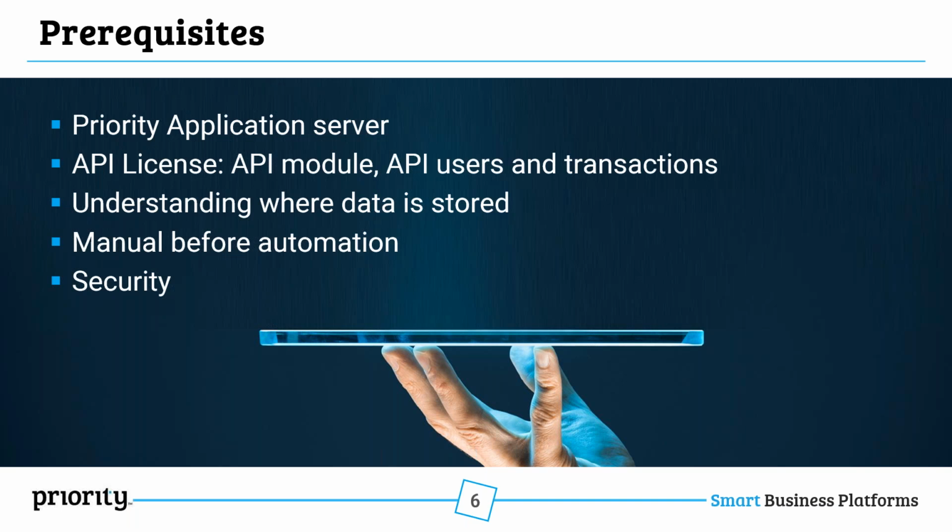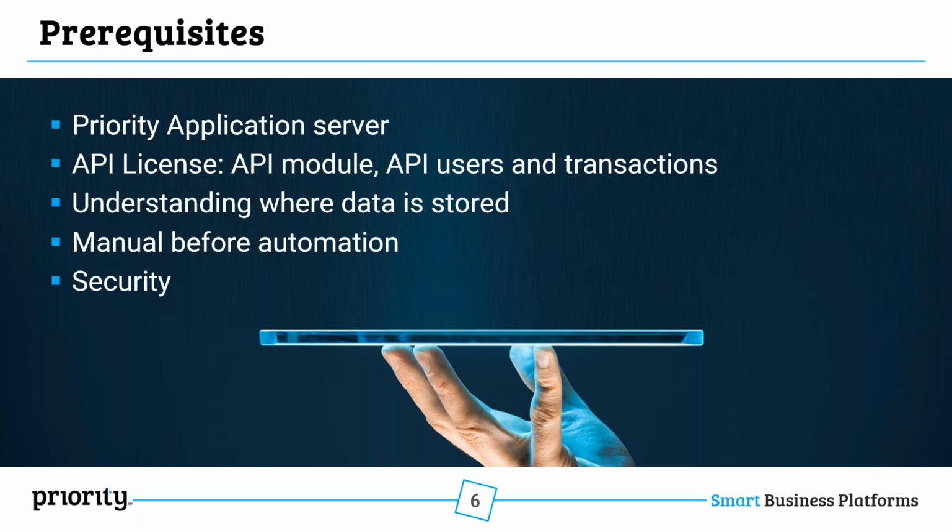To create a successful integration, there are several steps you will have to follow. First, a detailed planning of the integration should be done by someone who has good knowledge both of Priority and of the other platform that has to be integrated.